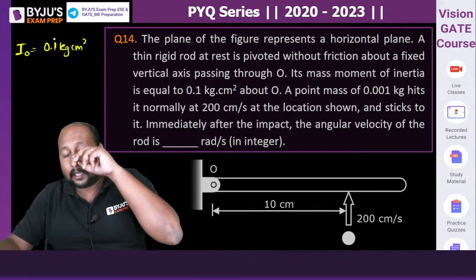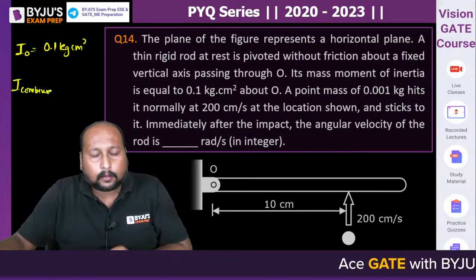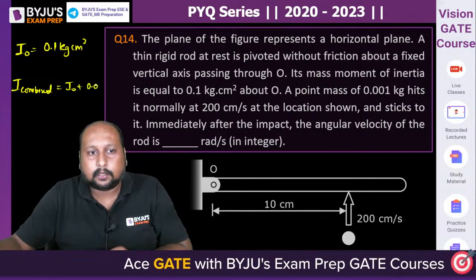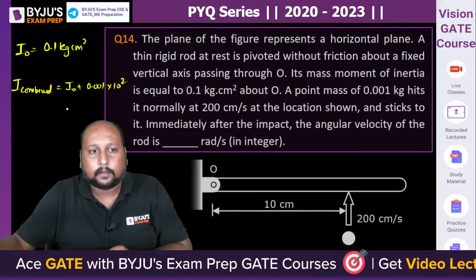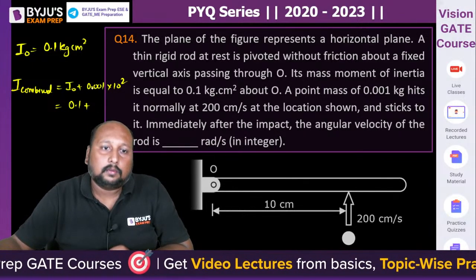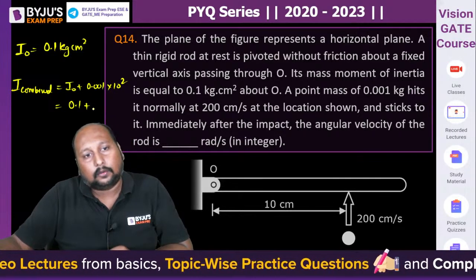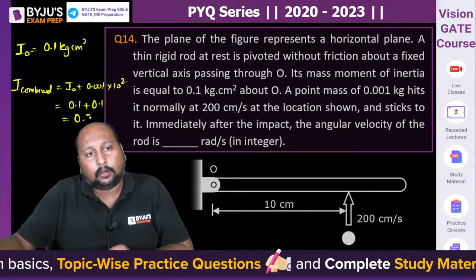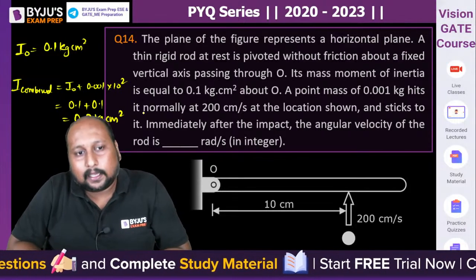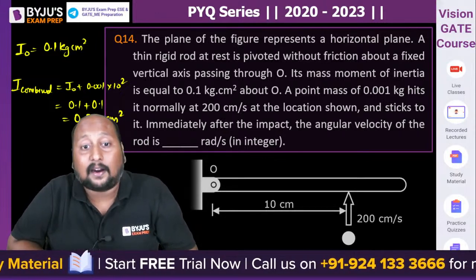Now as it is sticking, the combined moment of inertia will be I naught plus m r square, that is 0.001 into 10 square. So this is 0.1 plus 0.1, that is 0.2 kg centimeter square. This is the combined moment of inertia. Apply the law of conservation of angular momentum and tell me the angular velocity just after the impact.